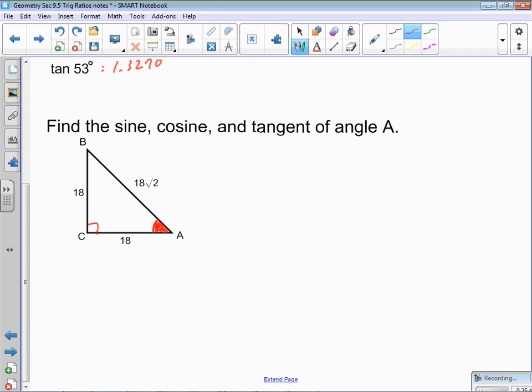So what do we know about the angles if it's an isosceles right triangle? Well, we know if it's got two congruent sides, then it's got two congruent angles, right? So angle B and angle A should be the same measure, which would make them have to be what?